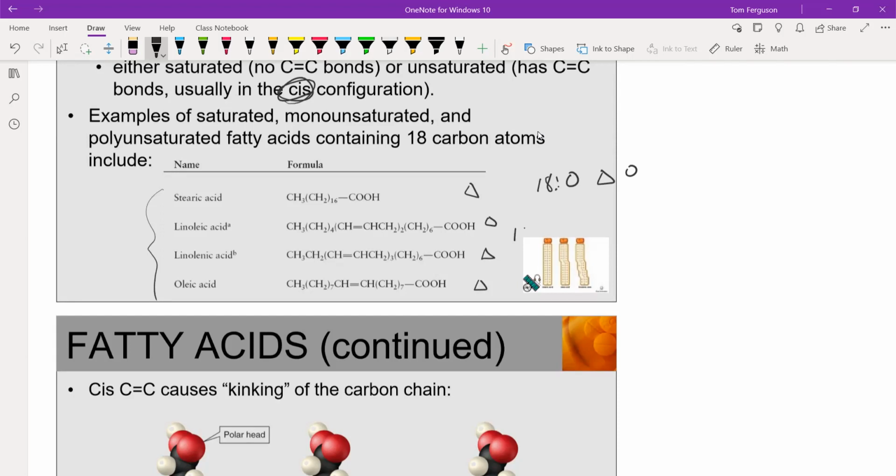This is an 18 with 2. This would be 18.3, and this would be 18.1. Each one of these has a corresponding delta.